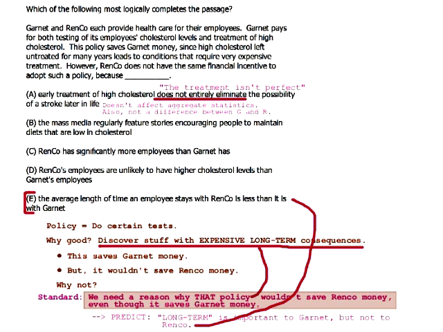But we need to explain why Renko doesn't benefit from something the same way that Garnet does. So one thing that should be an immediate realization, even if you don't understand all of the specifics right away, I'm talking less than 2 seconds, is that the correct answer must be some kind of difference between the 2 companies.